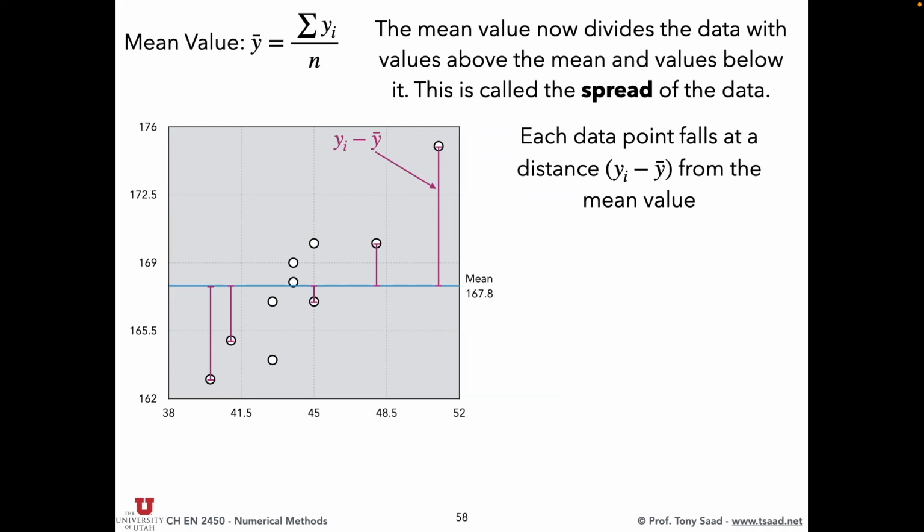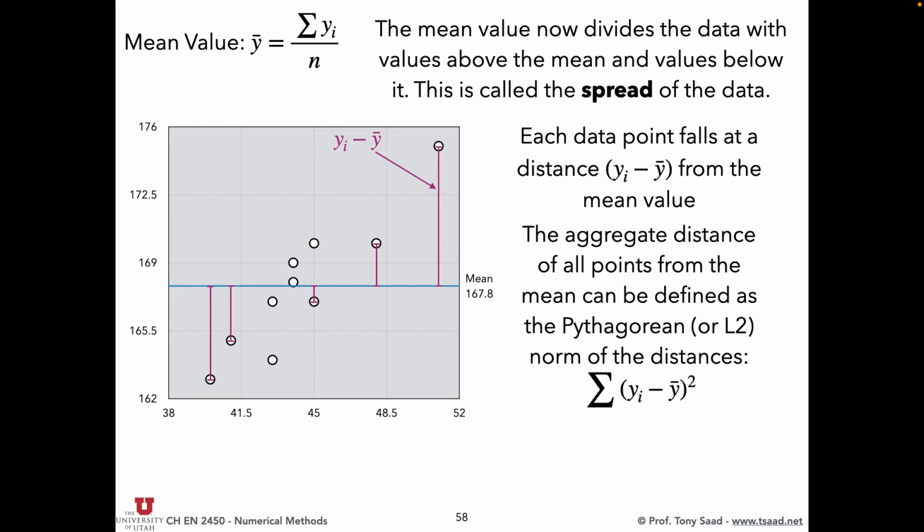Now, don't think of this as an error, that's a distance. Just like we did before, what would be an aggregate measure of the average distance of all of those points from the mean? Pythagorean norm, right? If you sum up the squares of all of those distances for all of these points, that gives you an average distance squared.